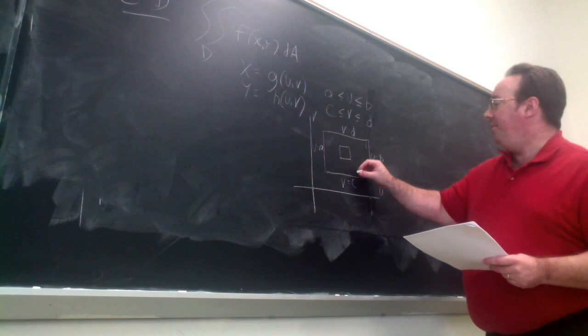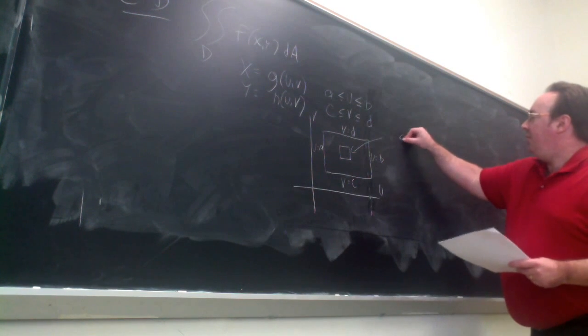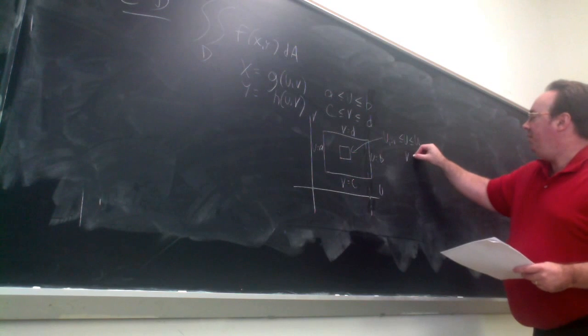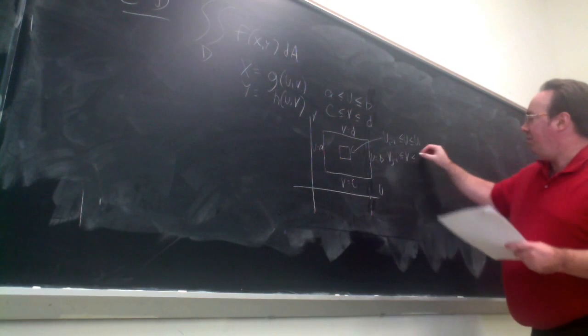So for this rectangle, we have U is bounded by u_{i-1} and u_i, V is bounded by v_{j-1} and v_j.